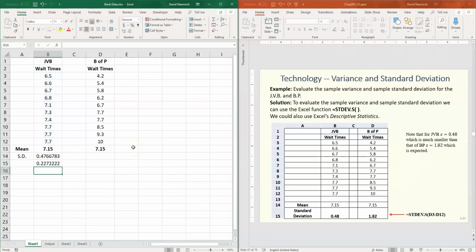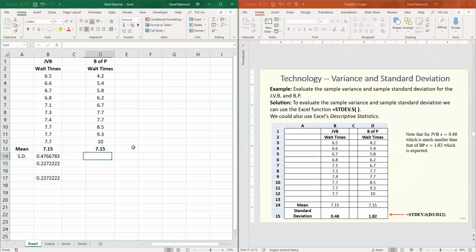And there we go, 0.227. And that is the square of this number. You notice if I evaluated what's in cell B14 and I square it, I will get the variance.